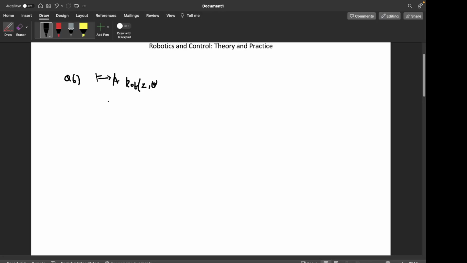Let's say this is R1. Now frame B, there is one more rotation.